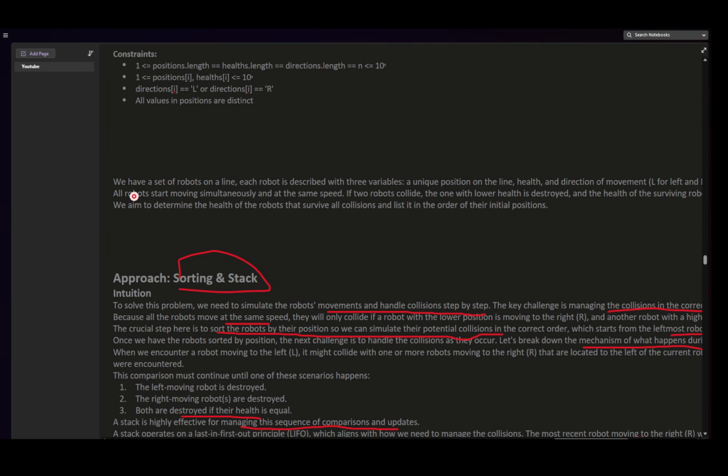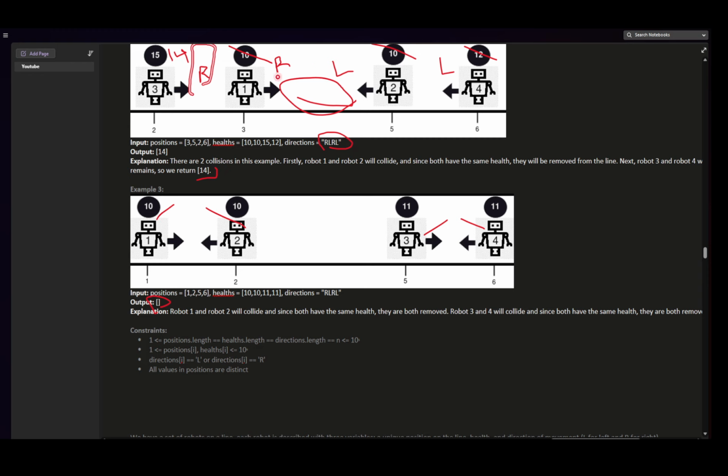The solution is very simple. We have to simulate the robot movements and handle the collisions step by step. With the help of a stack, we can store the relative order, and we can store all the rightward direction robots in our stack.